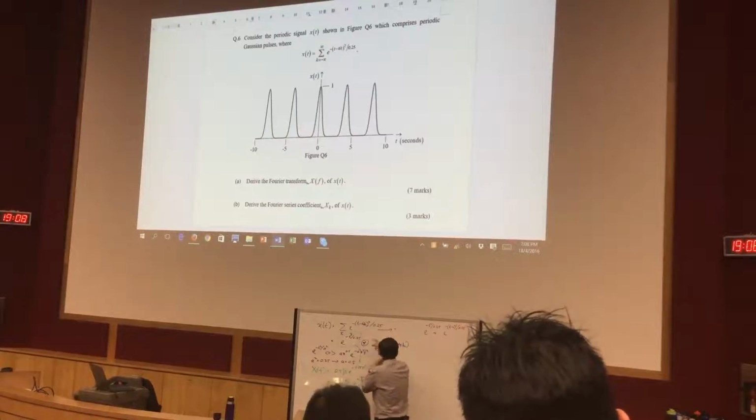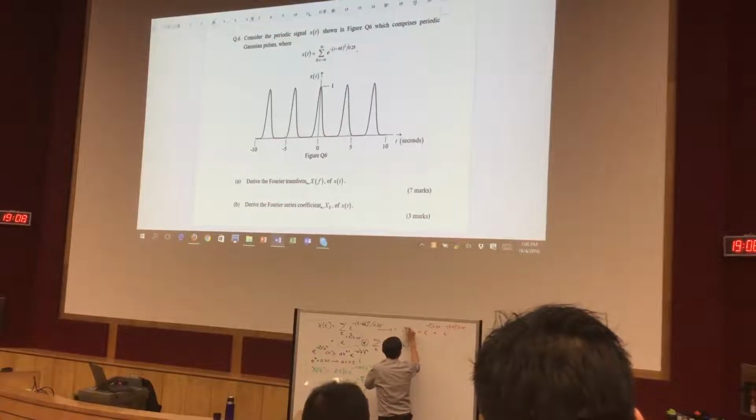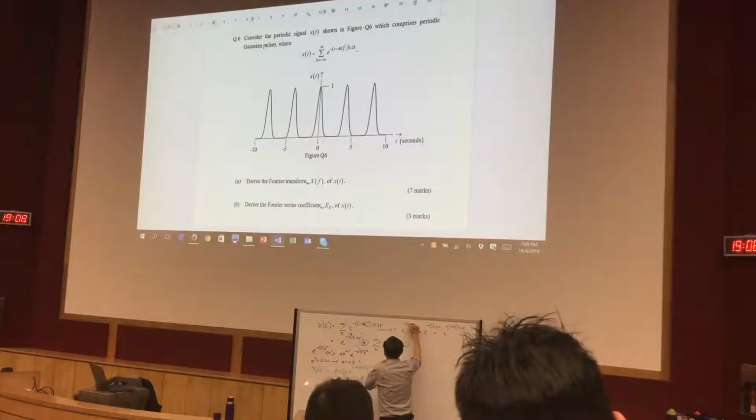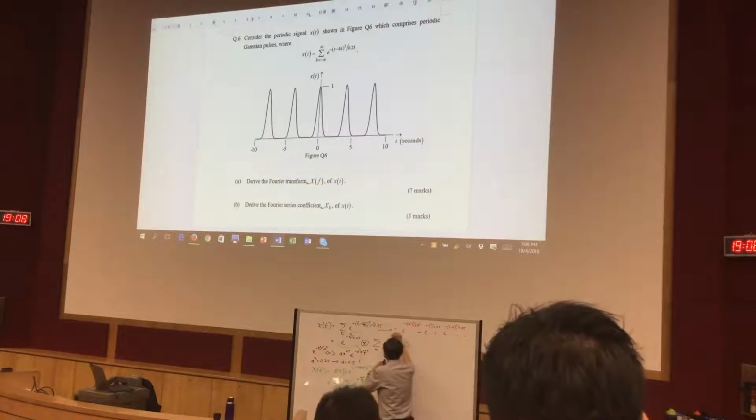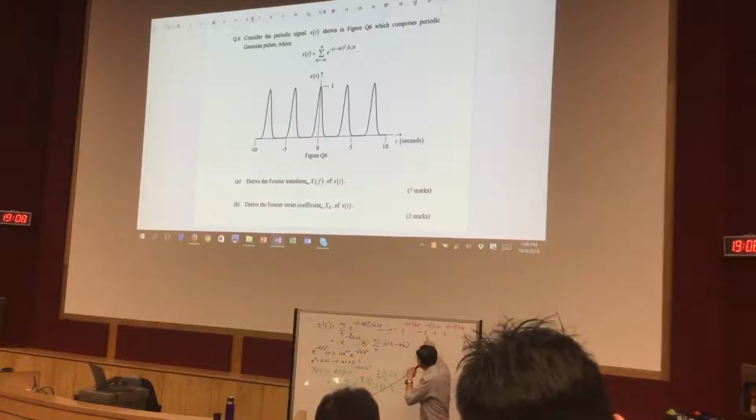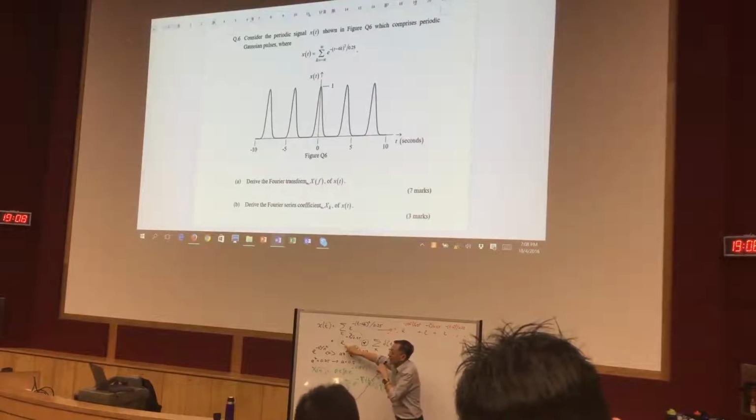When k is minus 1, etc. That's my generating function. That's the pulse of this guy. Can you see now?